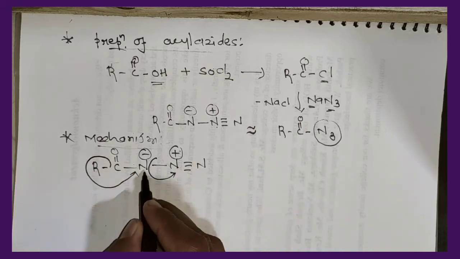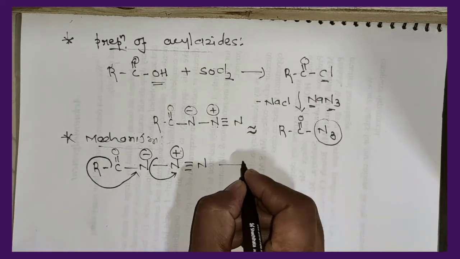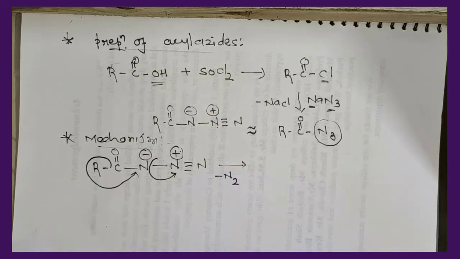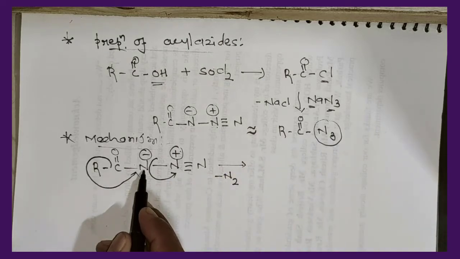So this part transfers to here, and nitrogen is removed from the molecule as N2. Now the R group is connected with the N.